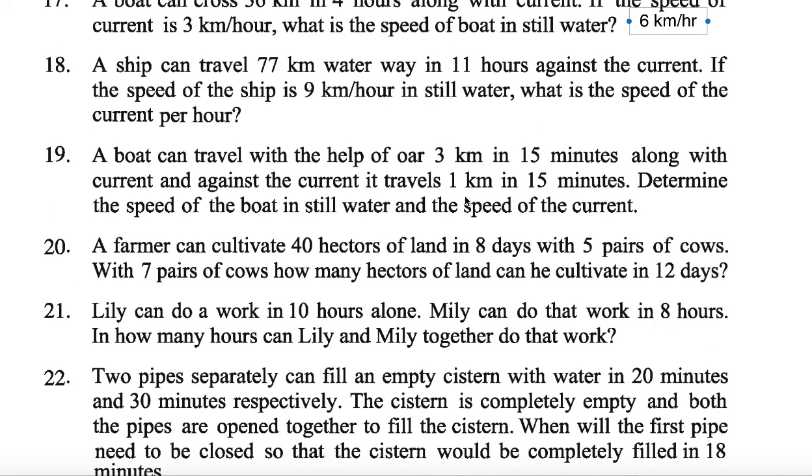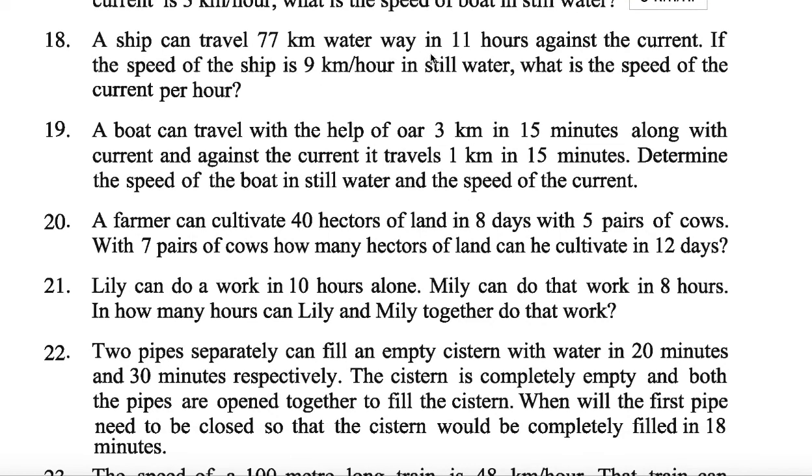Okay, a ship can travel a 77 kilometer waterway in 11 hours against the current. If the speed of the ship is 9 km per hour in still water, what is the speed of the current per hour? Speed of the ship u is given. u is 9 kmph.